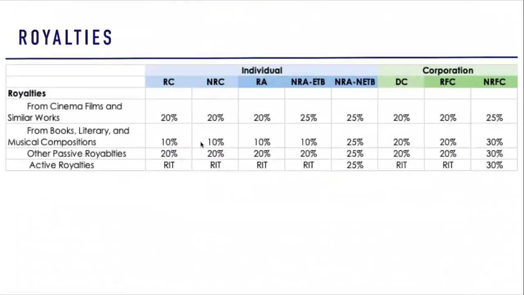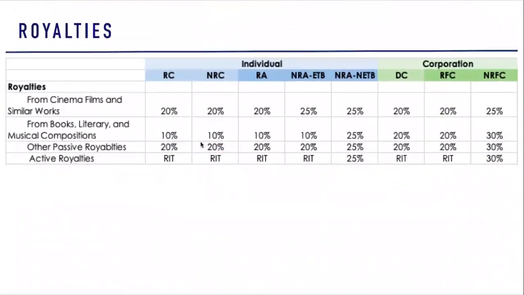Next, we have your royalties. So for your royalties, these are certain percentages of income paid to a franchise normally. So what is a franchise if ever it is a cinema films, or similar works? So copyright naman 'to.